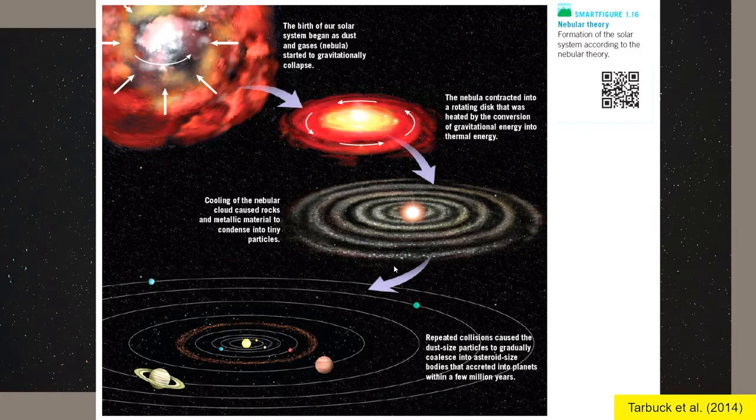Okay, and eventually, due to repeated collisions with each other, since their orbits were not yet stable, they gradually coalesce or combine together from dust-sized particles into asteroid-sized celestial objects, which eventually become the planets within our solar system after a few million years. So this is the possible formation of our solar system.